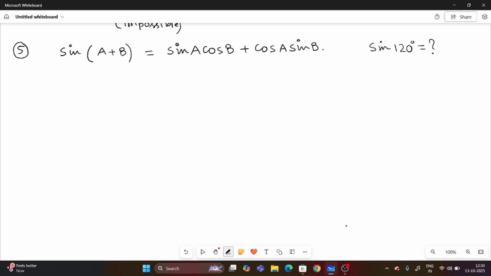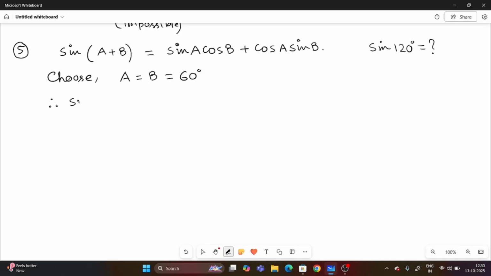So clearly we can choose A is equal to B is equal to 60 degree, because 60 degree is a standard angle and A plus B will be 120 degree if we choose both of them as 60 degree. Now substitute the values in the given identity.